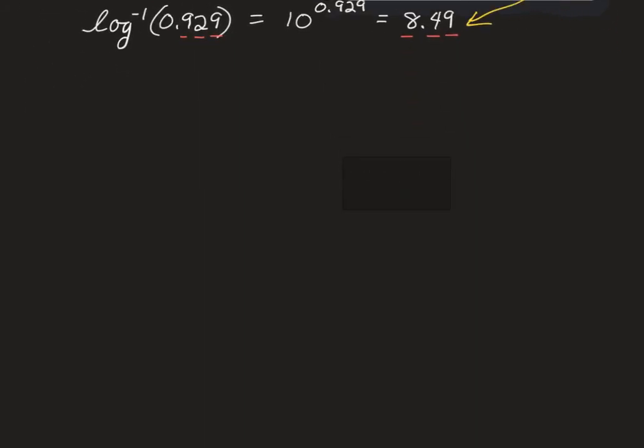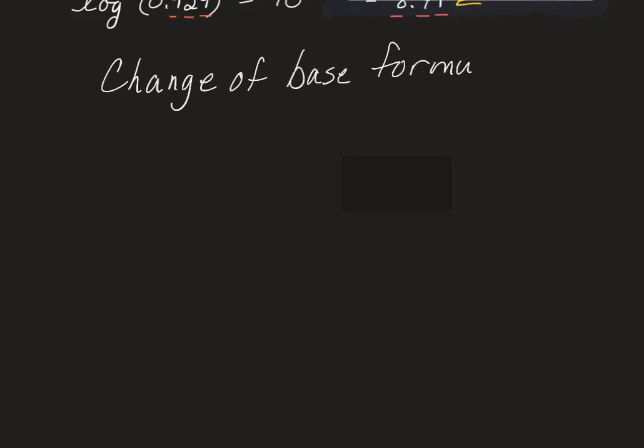Okay, let's move some things out of the way and go on to our last topic for this lesson, and that is the change of base formula. This is a useful algebraic technique in case you are ever separated from your TI-89. And this change of base formula looks like this.